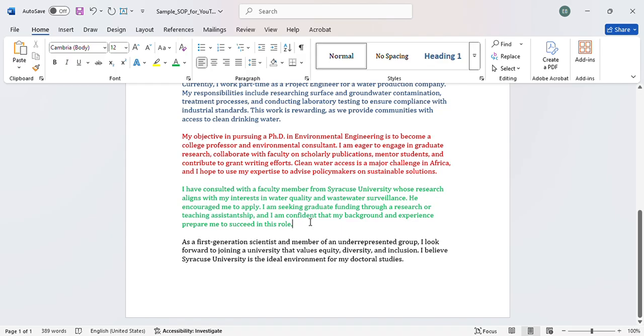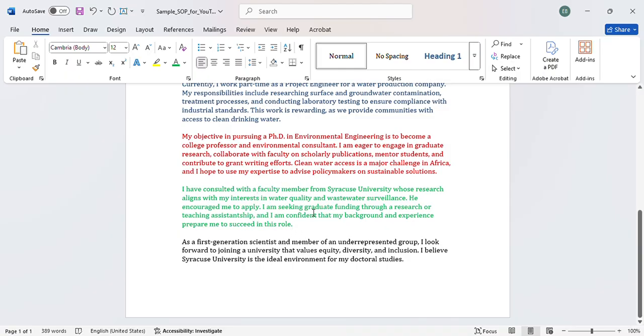Or the work that they are doing, the research that you are interested in conducting when you go to the school. If no professor or faculty member in the department is working on such projects, I don't think you'll be accepted into the program.